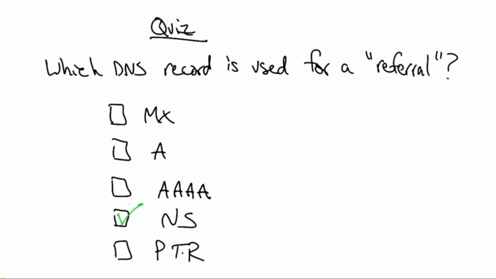The NS record indicates the authoritative name server for a particular portion of the domain namespace, and an NS record reply is often referred to as a referral. MX records indicate mail servers, A records are IP addresses for the domain name, quad A are for IPv6 addresses, and a PTR is a name corresponding to an IP address being queried.